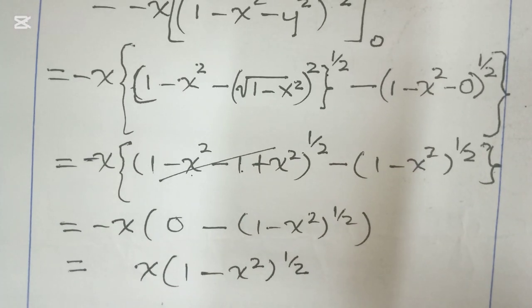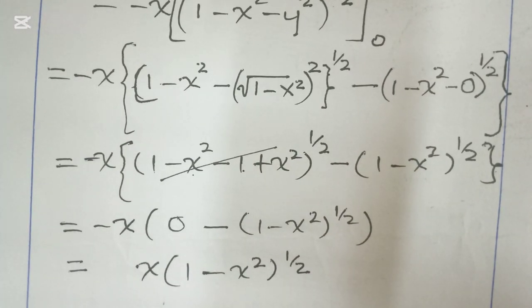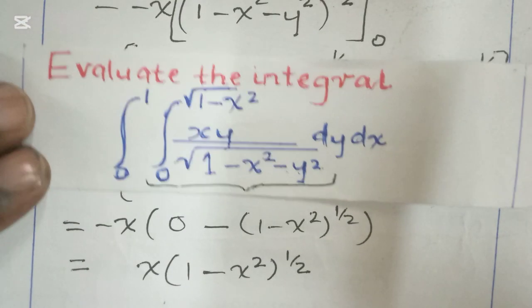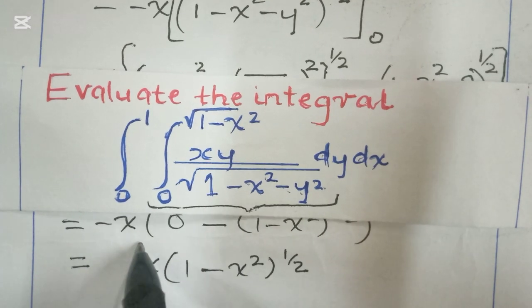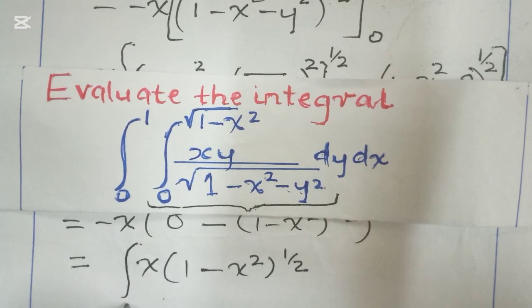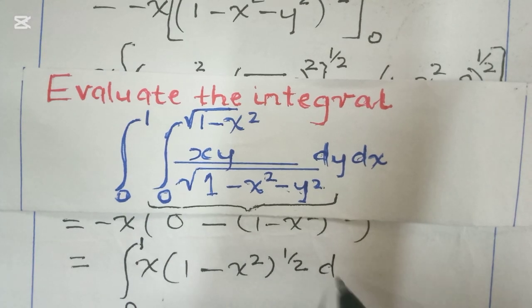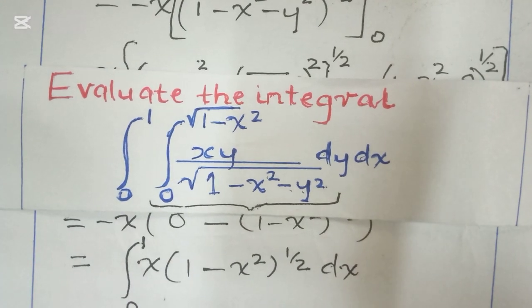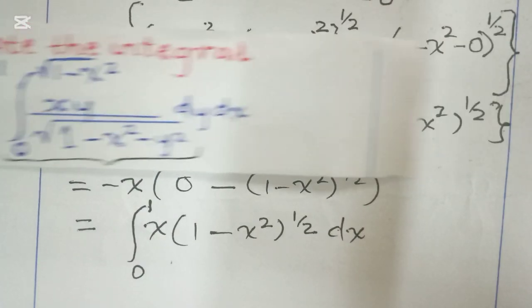And so now guys, from there we are going to integrate that with respect to x. So we integrate that from 0 to 1 with respect to dx, like that. So that is the next step, so that we can come to finish.